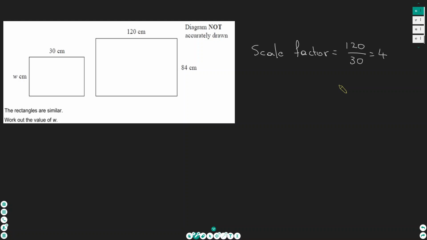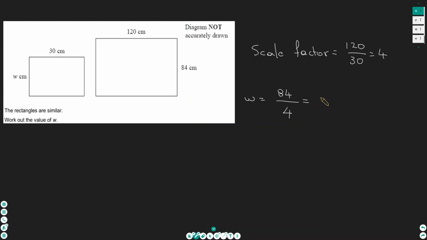In this exercise, we want to find the W, the width of the smaller rectangle. Since the two rectangles have a scale factor and the width of the bigger rectangle is 84, I can easily find the width of the smaller rectangle by dividing the 84 by the scale factor 4.